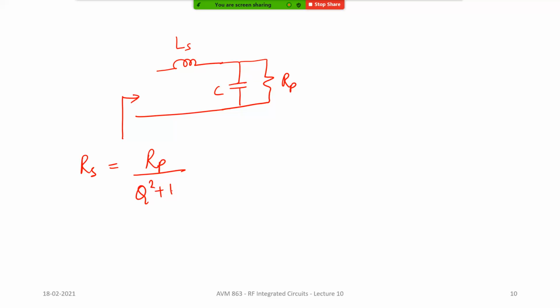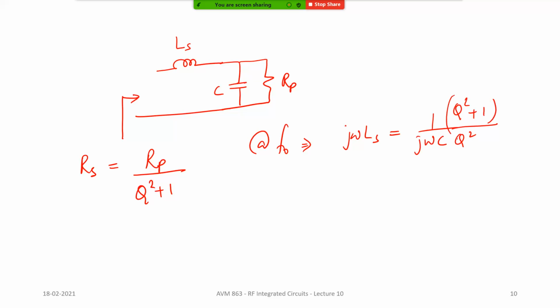And the Ls and C are basically tuned out at that particular frequency F0: j omega Ls is equal to 1 by j omega C, where C is almost equal to this thing, or you can write this as Q squared into Q squared plus 1.